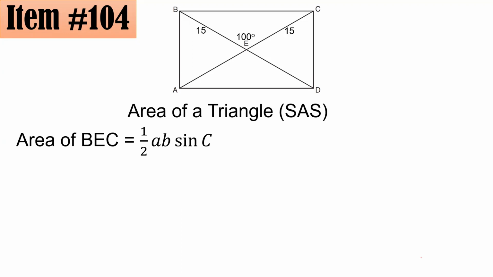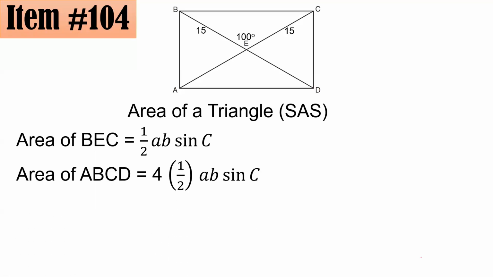Pero kung mapapansin po ninyo, bakit 1/2? Kasi nga, yung triangle are 1/2 ng area ng parallelogram. That's why, yung sa parallelogram po kanina, AB sine sila. Pero dahil triangle, which is half of your parallelogram, that's why meron pong 1/2.